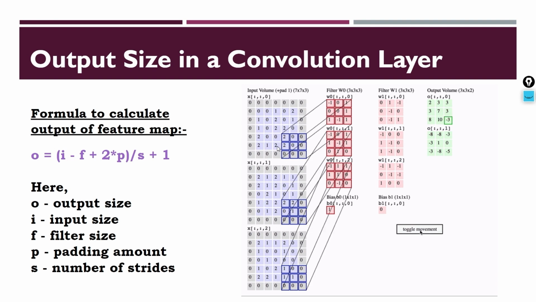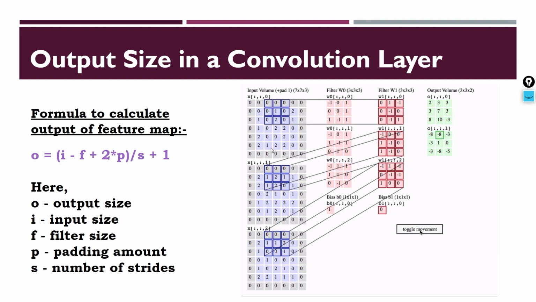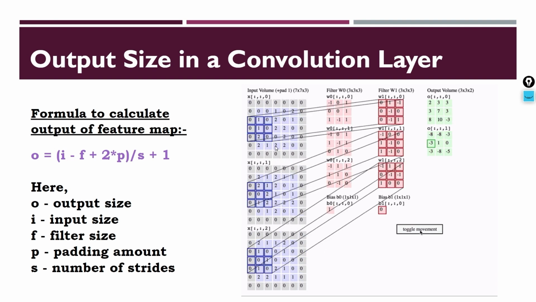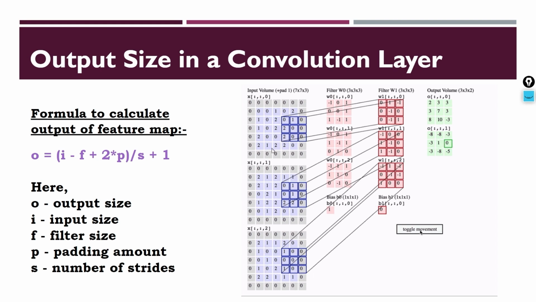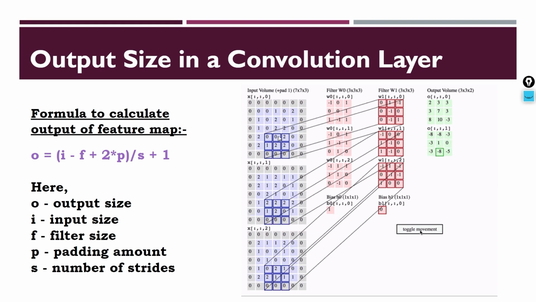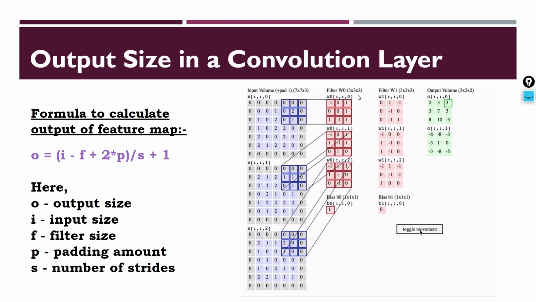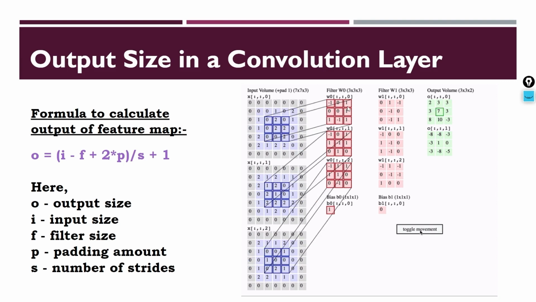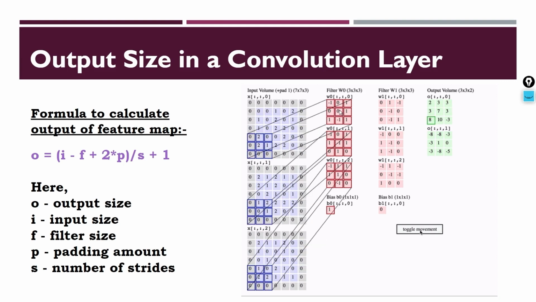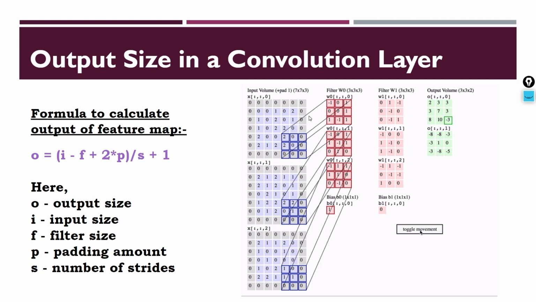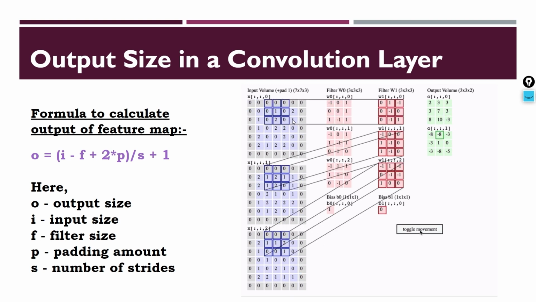Now because there are 3 different channels in an input image, the filter that I'll be requiring over here will also be of 3 channels. Now what is the reason that the filter will also have 3 channels? It is because each and every channel of the filter will be convolved with its respective channel in the input image.